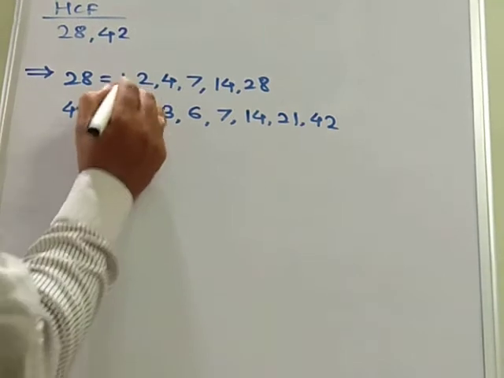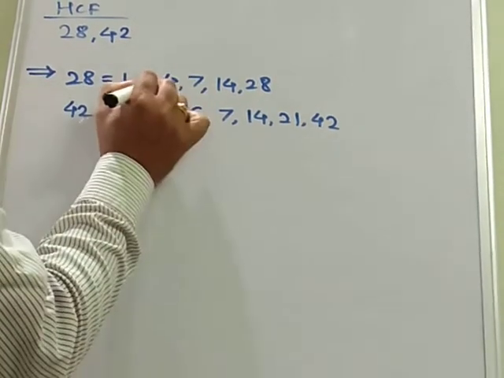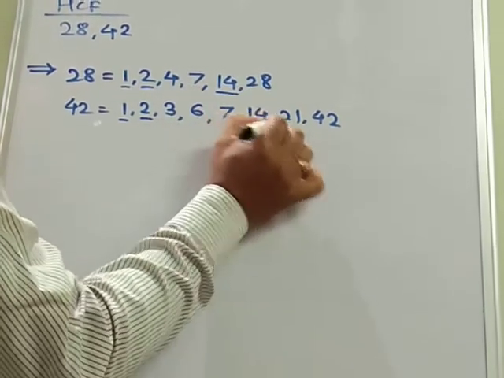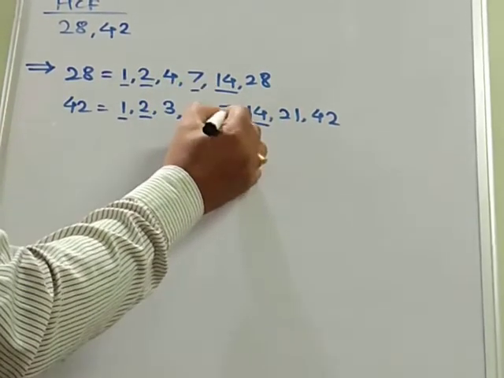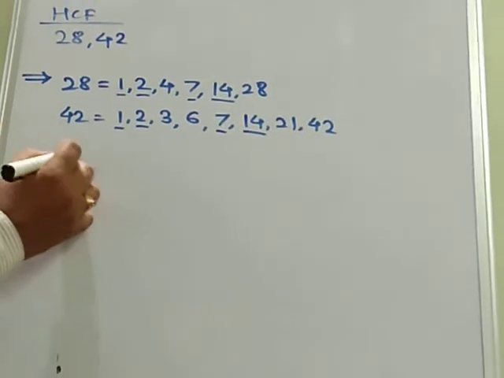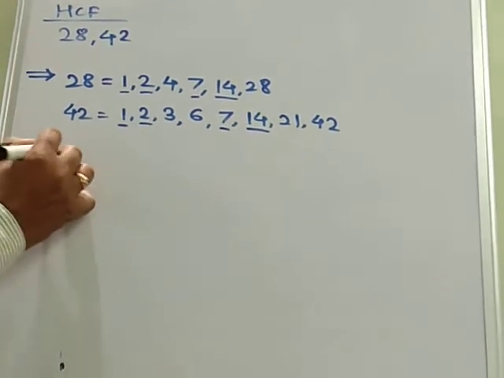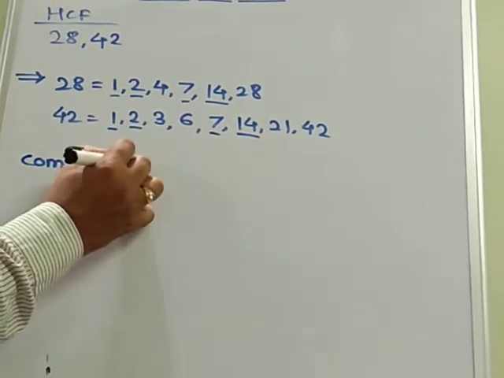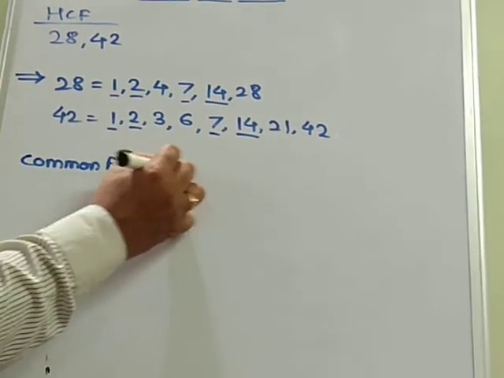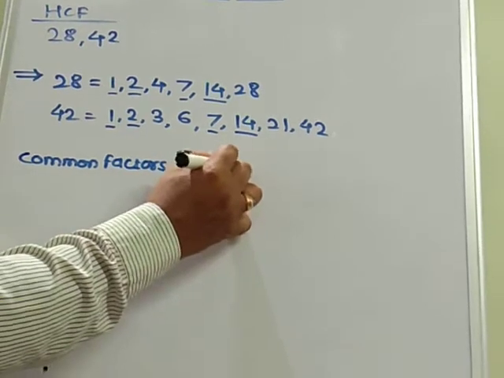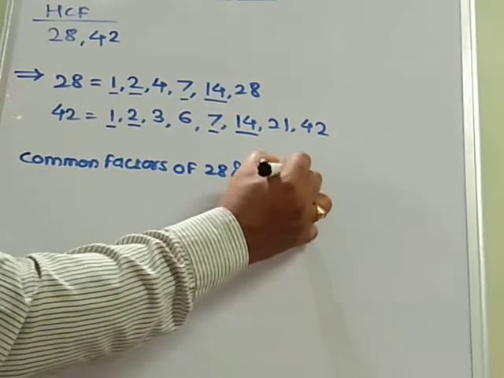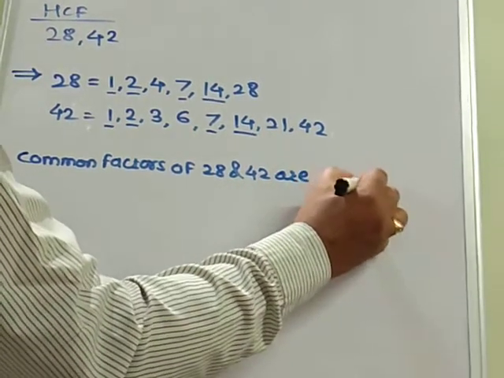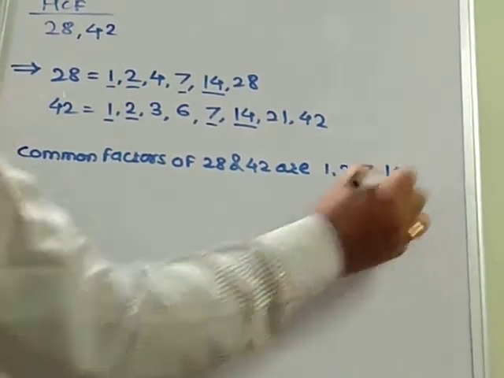Okay, which are common? 1 is common, 2 is common, 7 is common, and 14 is common. The common factors of 28 and 42 are 1, 2, 7 and 14.